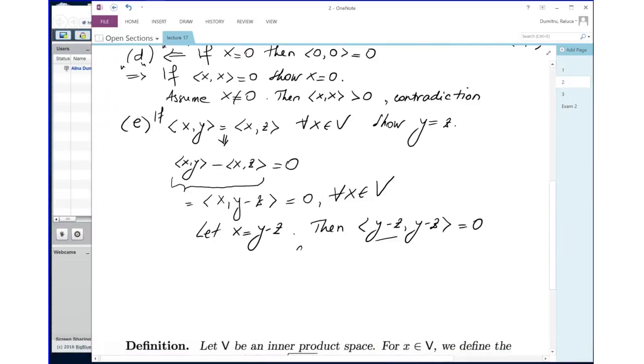Here is that vector. So the only time when that works is when y and z are equal. Okay.